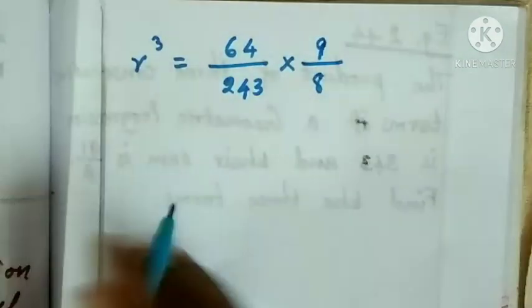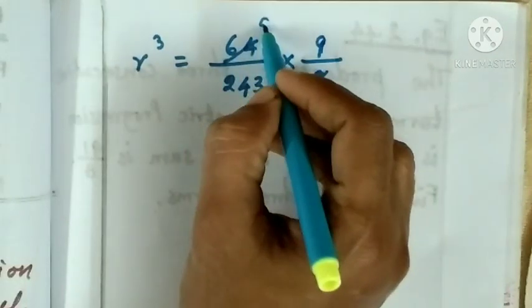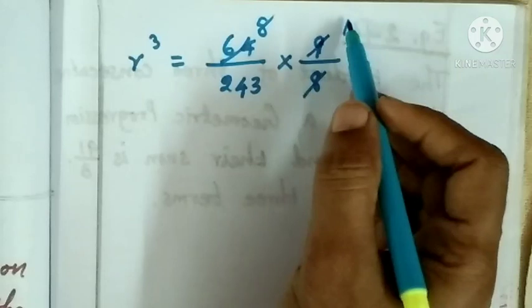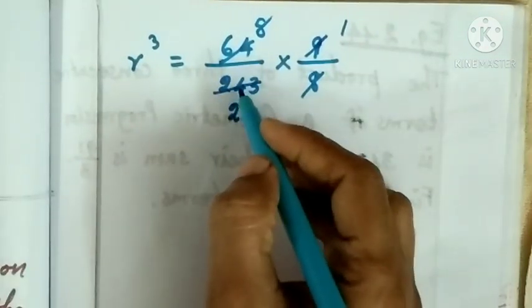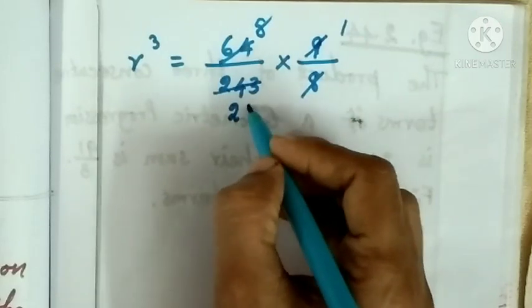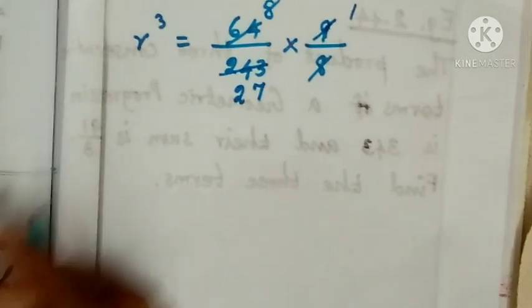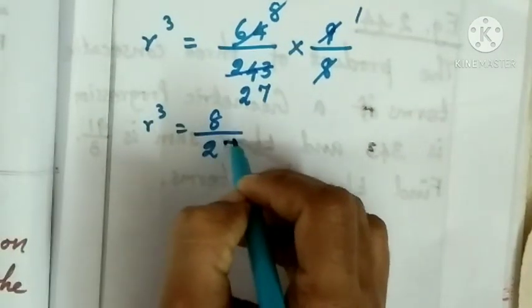Now you have to cancel this, means 1 8 is 8, 8 8s are 64. For cancelling this 9 table means we get 1 9 is 9, 2 9s are 18, the remaining 6, then 7 9s are 63. Now we have R cube is equal to 8 by 27.